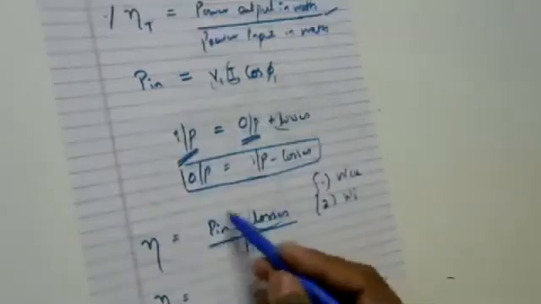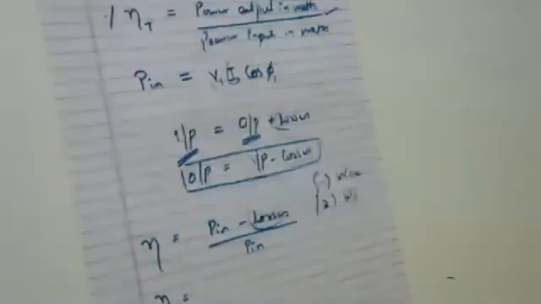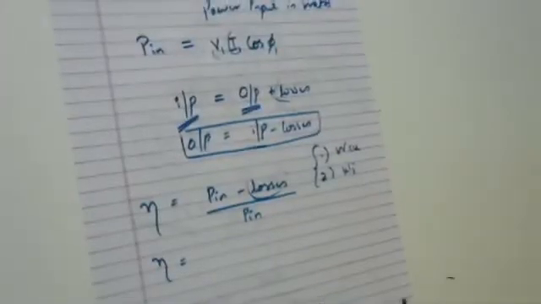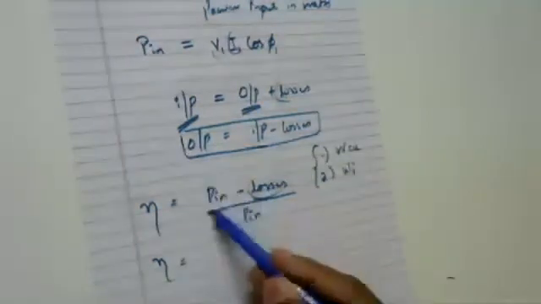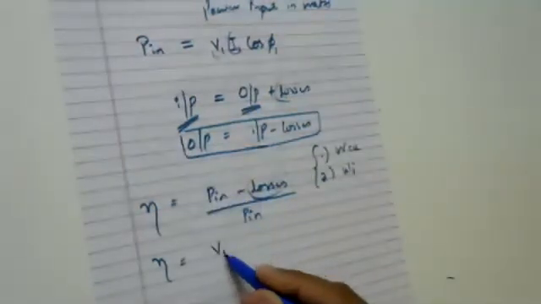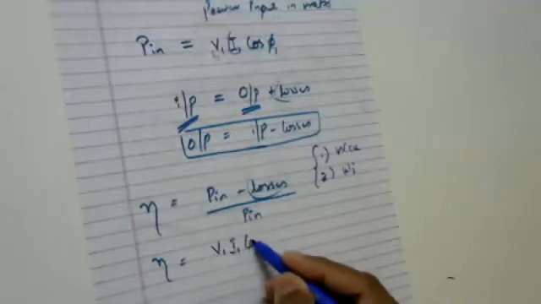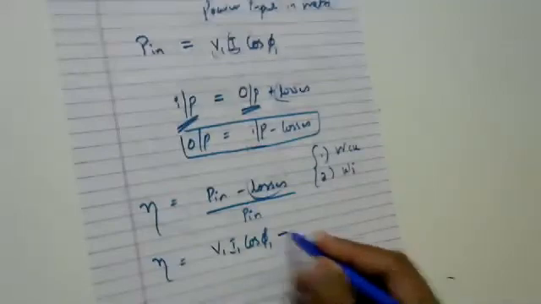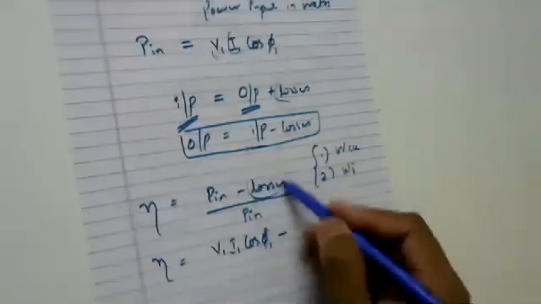Then how best can I define this equation? I can write efficiency is equal to, since the input power is defined as V1 I1 cos phi1, V1 I1 cos phi1 minus, what about the losses?